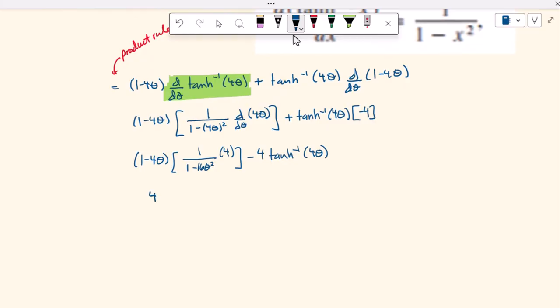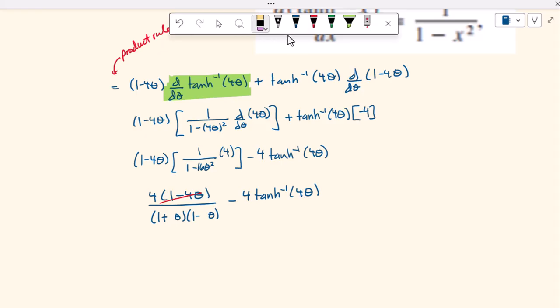So it looks like I have 4 times 1 minus 4 theta all over 1 minus 16 theta squared, which is the difference of perfect squares, so it factors into 1 plus 16 theta, 1 minus 16 theta. And then this second piece, minus 4 inverse hyperbolic tangent of 4 theta. So here's 1 minus 4 theta. Oh, I'm sorry, that is 4 there.